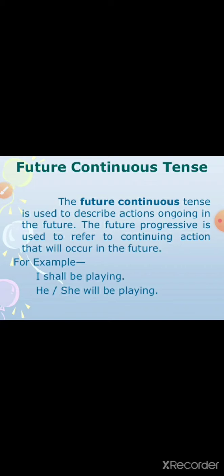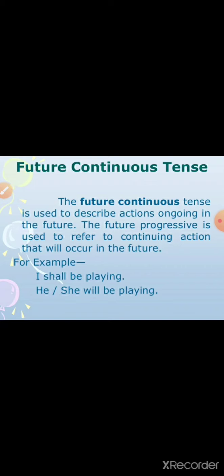You know, any action that is likely to be going on in future at some time. कोई भी action जो future में continue हो रहा होगा, अभी हुआ नहीं है, ना ही finish हुआ है, बल्कि which is likely to be going on in future at some point of time, जो future में continue होगा, अभी हुआ नहीं है लेकिन हम लोग प्लान कर रहे हैं कि हम ऐसा करेंगे, फ्यूचर में ये चीज़ कंटिन्यू होगी.